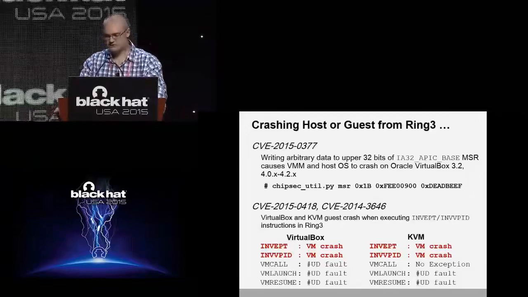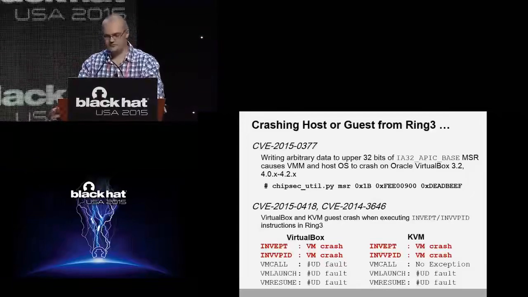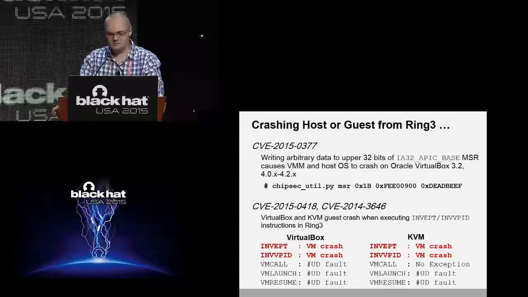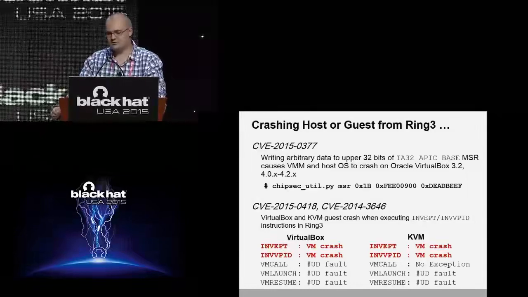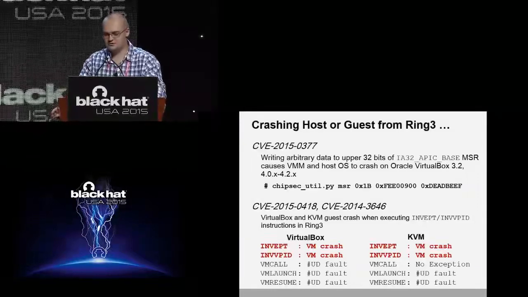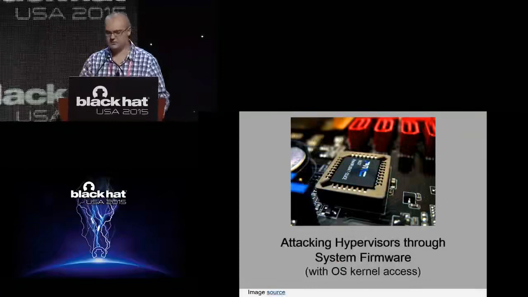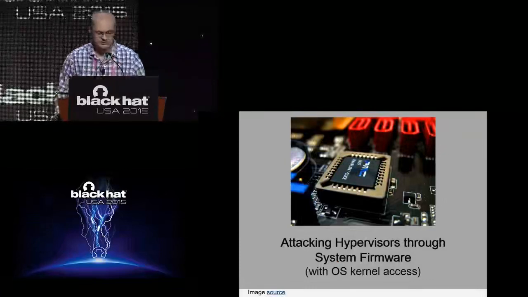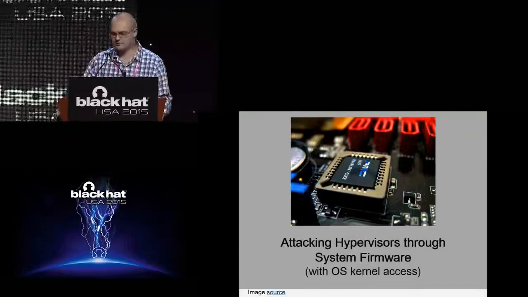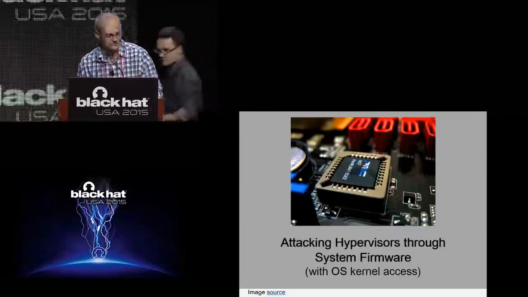So this is the idea of how many vectors we have to attack the VMM from software, and how many different devices and so on we have in this huge piece of software that is a VMM. So now Yuri will continue with the hypervisor part of attacks from firmware.